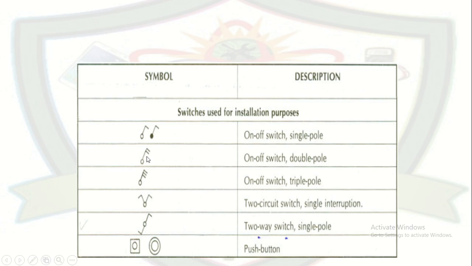This is one switch, double switch. And you can see here, on one switch 3 switches are installed, so we can control 3 bulbs differently.